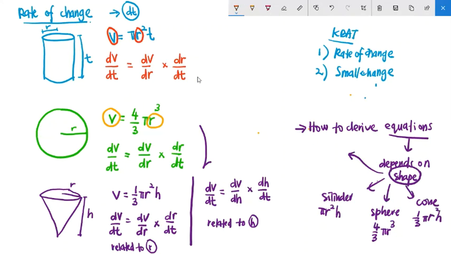Di sini dv over dt sama dengan dv over dr times dr over dt. Okay, shape dia akan relate, dia akan effect dekat sini. So kalau salah formula, salahlah yang ni. Okay, important.